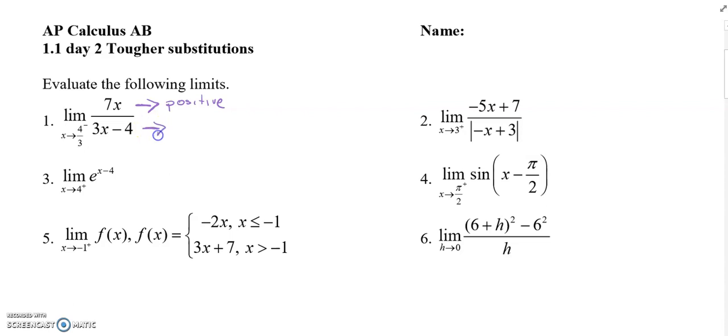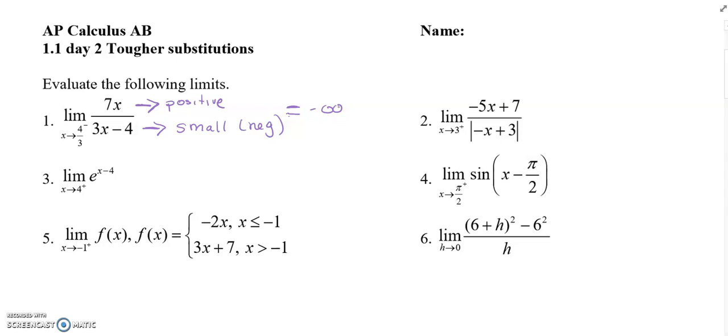I know this is going to be a really small negative number, and so this limit will approach negative infinity. This is one of those that we have to think out.